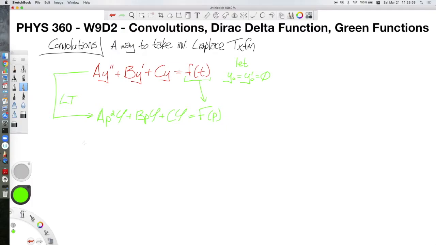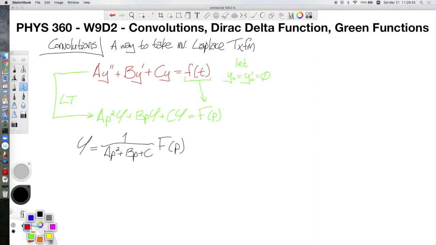So if we want to solve for y, we would end up with Y is 1 over ap squared plus bp plus c times big F of p. And then we would be left with the task of determining the inverse Laplace transform of this function right here.